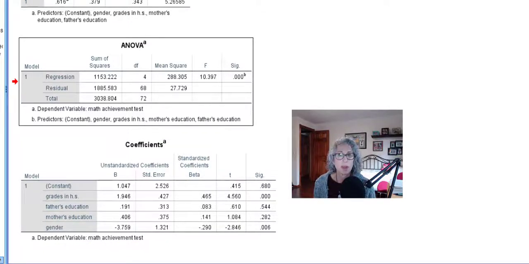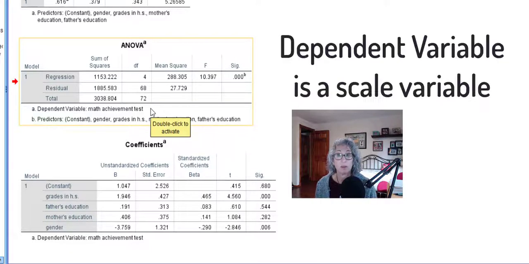So then the last piece is to say, what if we were applying this to an OPWL type test? And some of you guys had some really great examples in your discussion threads of ways that you could use multiple regression. Remember that the dependent variable we want to be a scale variable.